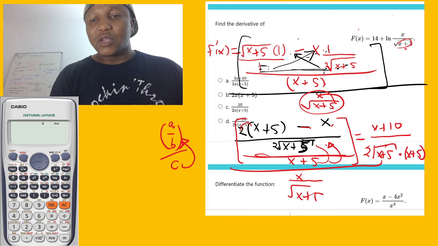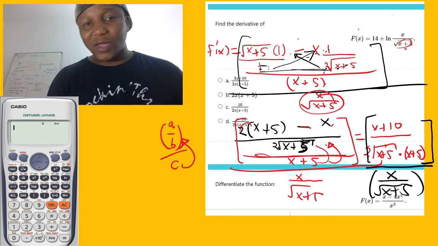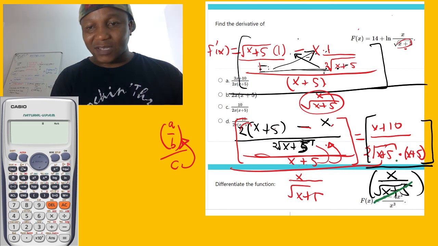Then you say, so we are done here, over x square root of x plus 5. Okay, so then if you look carefully, some of the stuff here has to cancel, because this and this are the same, so they're gone.